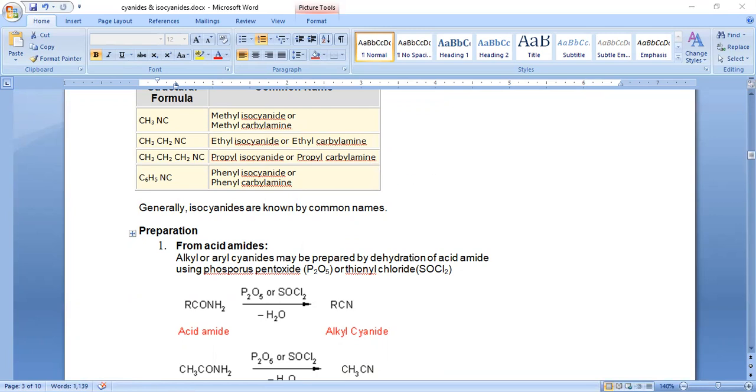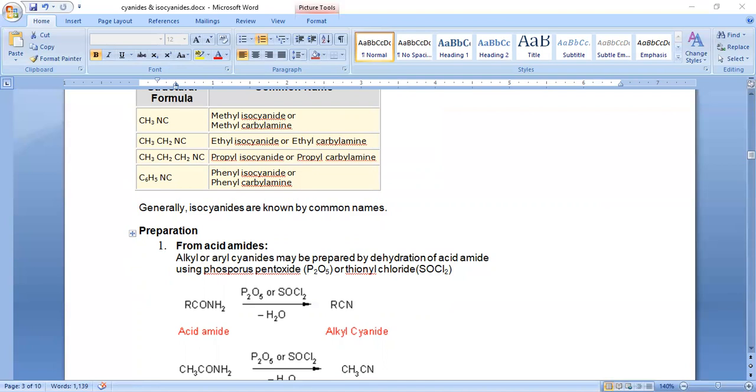So on dehydration, here we remove the water molecule. The removal of a water molecule is known as dehydration, not hydrogenation.